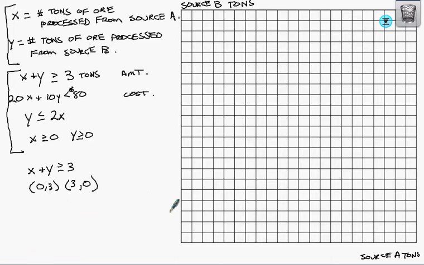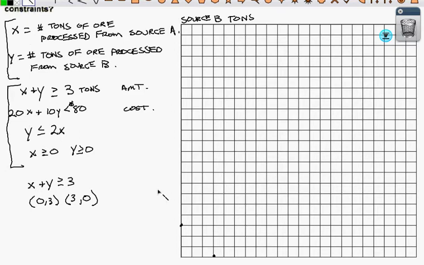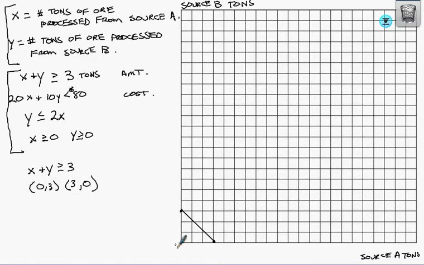Based off of these X and Y intercepts, 0, 3 is right here, and 3, 0 is here, and I would draw my line. Use my test point: if I let the test point be 0, 0, and plug that in for X and Y, 0 plus 0 is 0. Is 0 greater than 3? The answer is no. So I would shade on this side of the line.